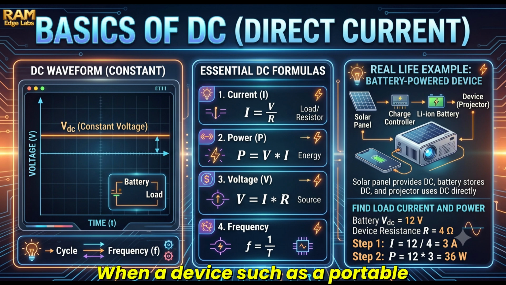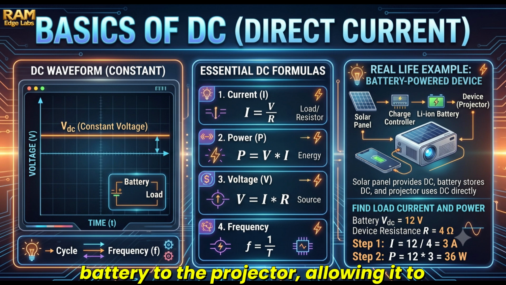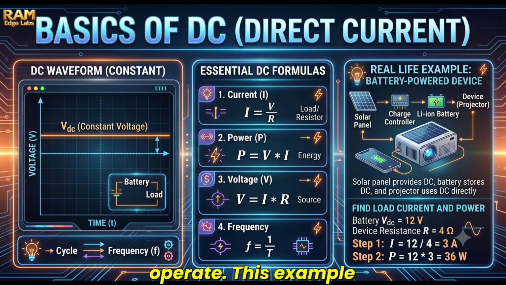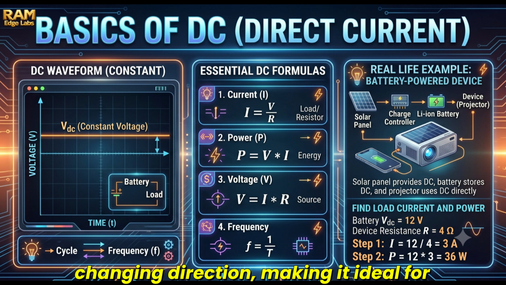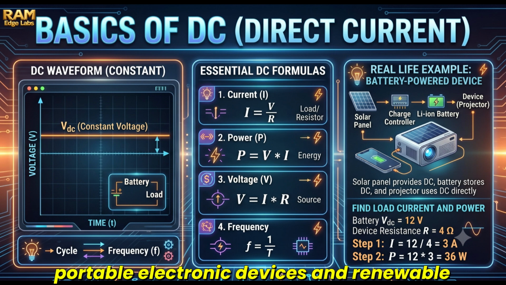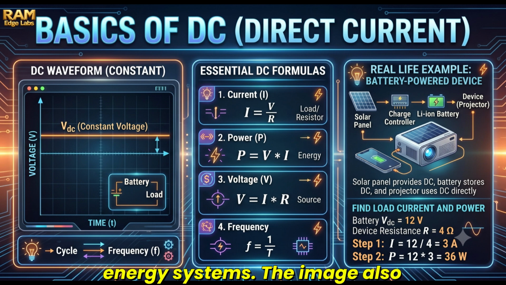When a device such as a portable projector is connected, the stored DC electricity flows directly from the battery to the projector, allowing it to operate. This example demonstrates how DC power is generated, stored, and used without changing direction, making it ideal for portable electronic devices and renewable energy systems.